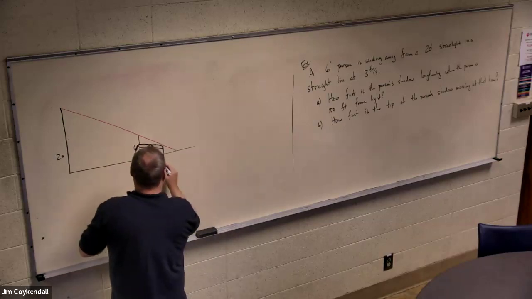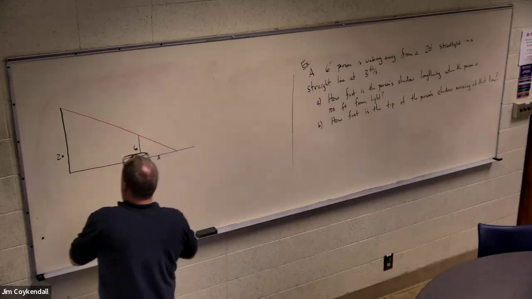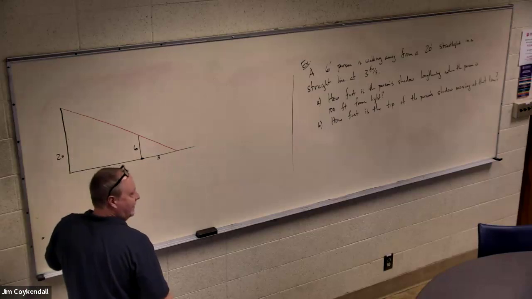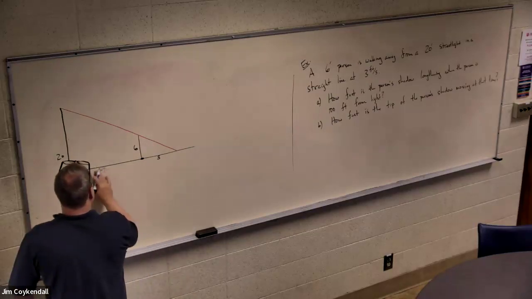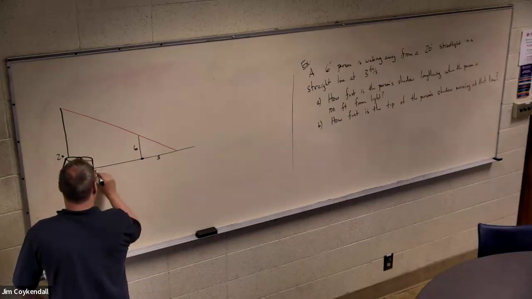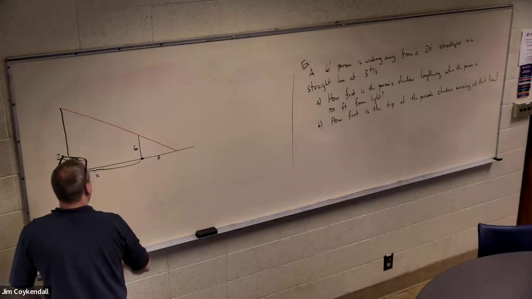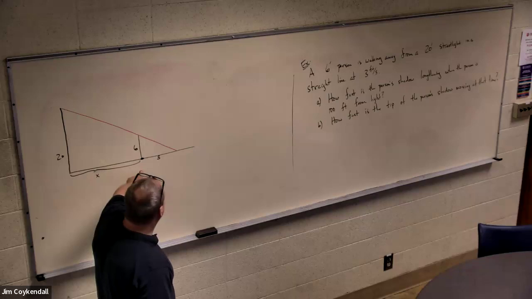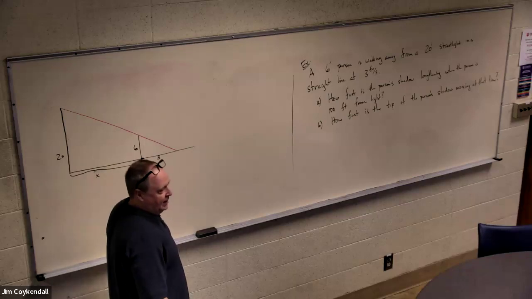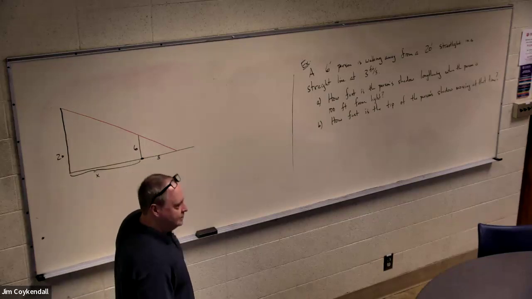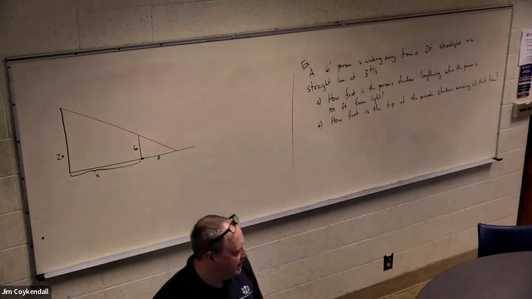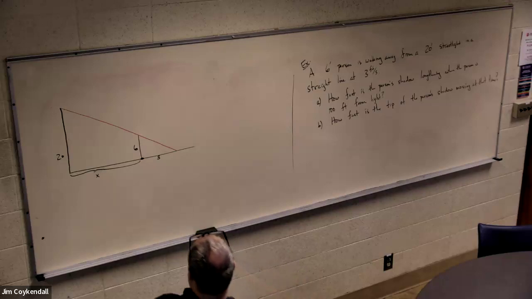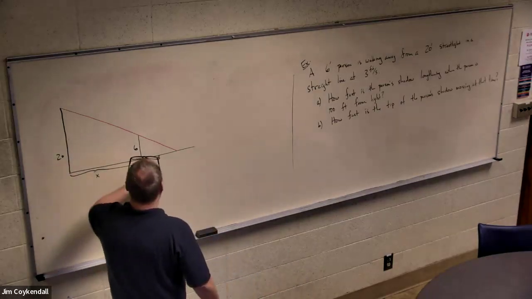So I'm going to call this S. And I'm going to call this X. X is going to be the person's distance from the street light, and S is going to be its shadow. Everybody okay with that?